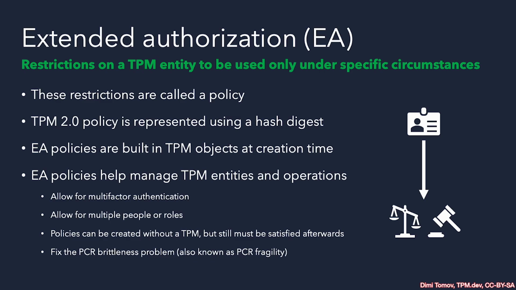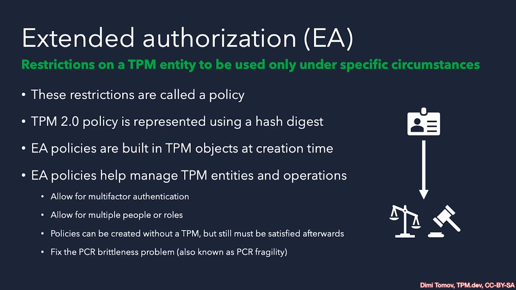We mentioned already that authorization is built in TPM objects at creation time. And this is why this is also true for the extended authorization policy, being built in the TPM object as it is being created. These additional set of rules that we can add to our TPM keys means that we can make them valid in only certain scenarios.